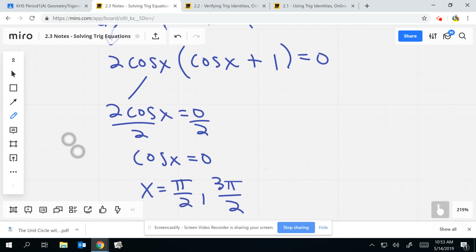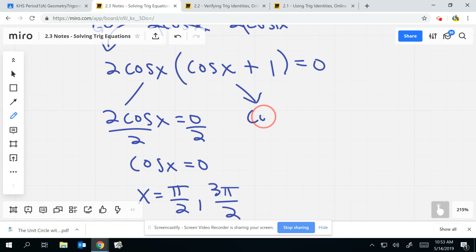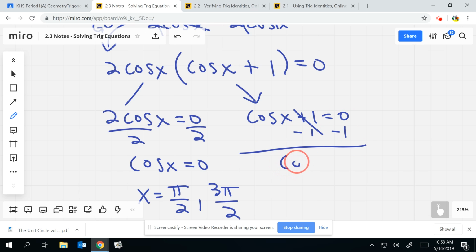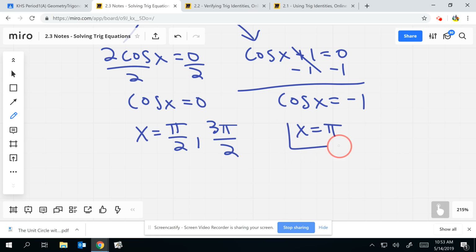When I solve this last one over here, cosine of x plus 1 equals 0, I subtract 1. Cosine of x equals negative 1. And where is the cosine going to be a negative 1? That's just at pi. Cosine is negative 1 at pi. So x equals pi. So there's one solution that's on your chart, and there's the other 2 that are on your chart.